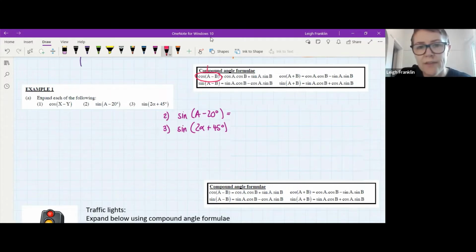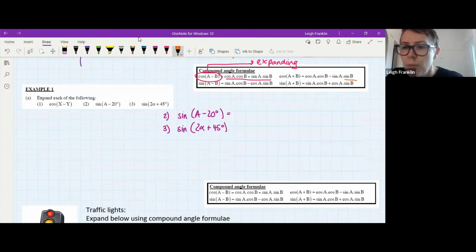When you take this and go in that direction to produce this, it's a process known as expanding. You are expanding your compound angle. But you can also do the reverse, and hopefully we're going to get a chance to do that this lesson. So for example, if they give you this, you are then able to do the reversal of the expansion in order to do that.